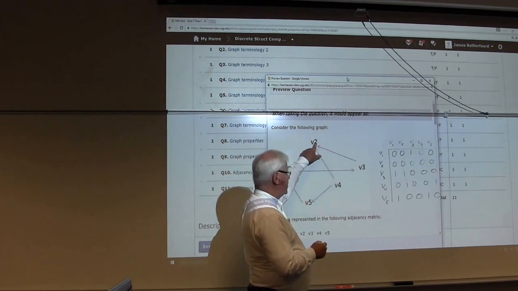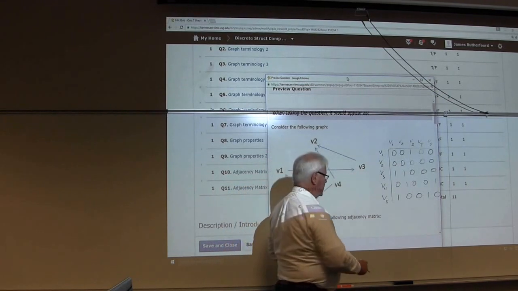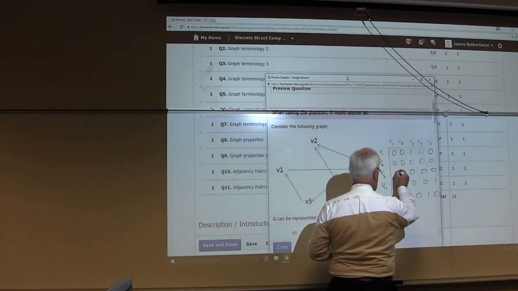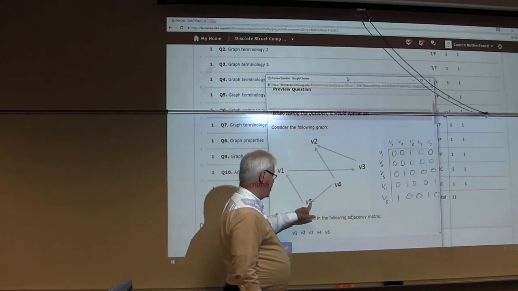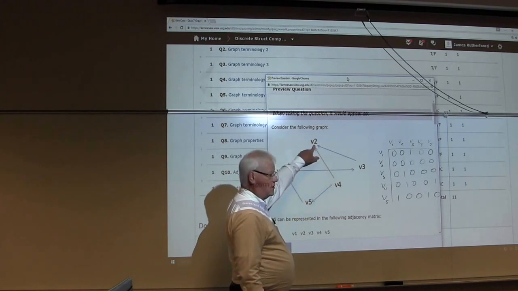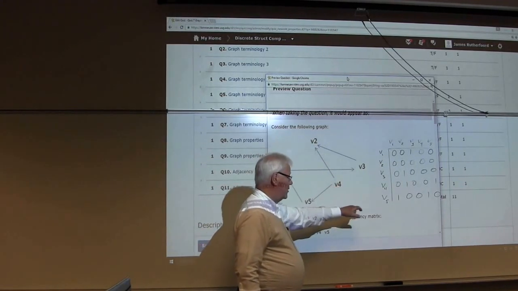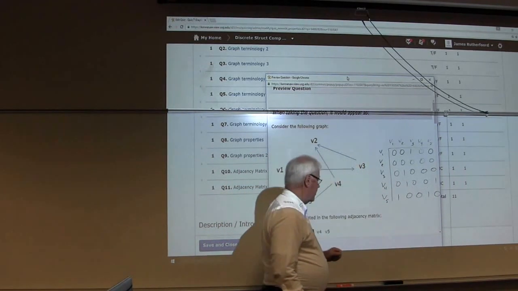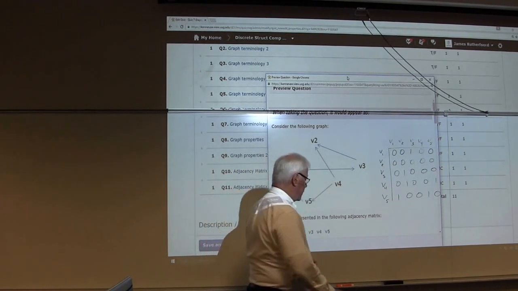V3 is adjacent to V2, but that's all, because this arrow is coming in. V4 is still adjacent to V5, and it's adjacent to V2, because the arrows are coming out of V4. So this is still okay for V4. V5, though, is only adjacent to V1, not to V4.